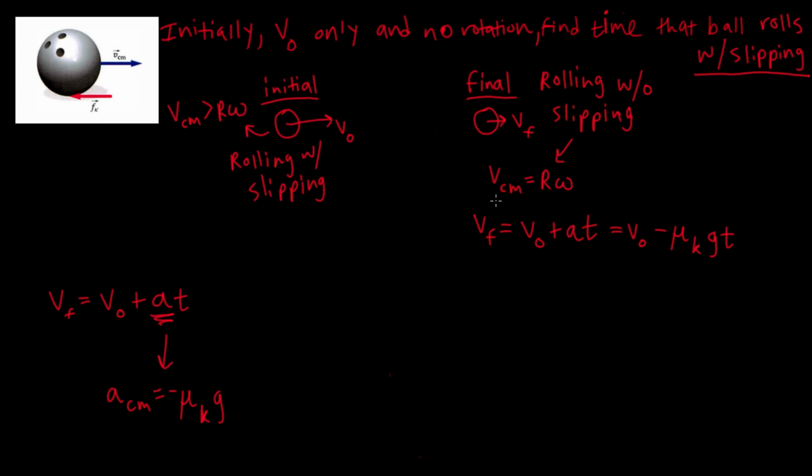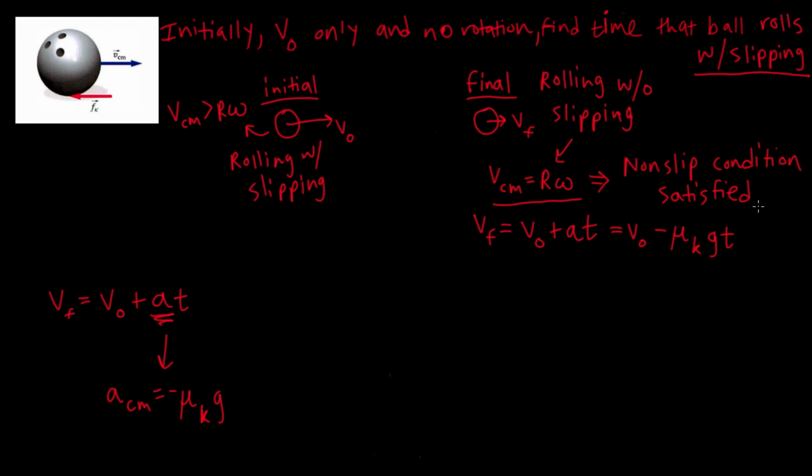And so remember that for an object that rolls without slipping, this condition right here is going to be satisfied. And this is the non-slip condition. So this means that for an object that rolls without slipping, this condition has to be satisfied. So we have to apply this non-slip condition into our kinematic formulas.